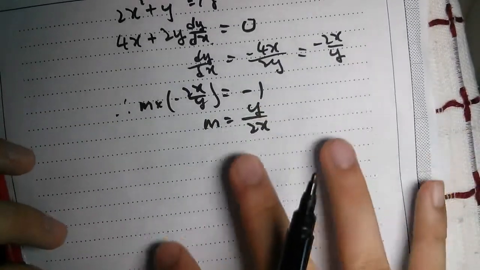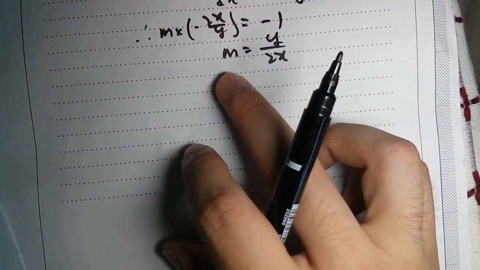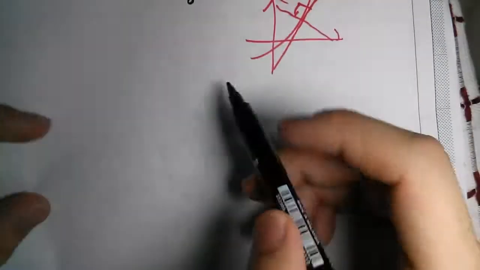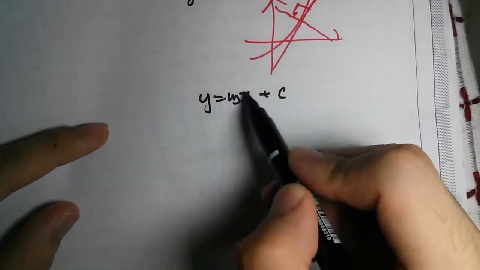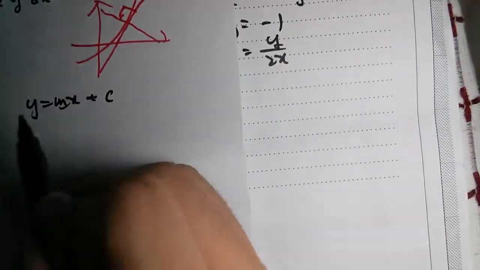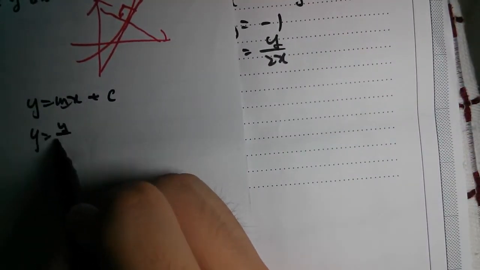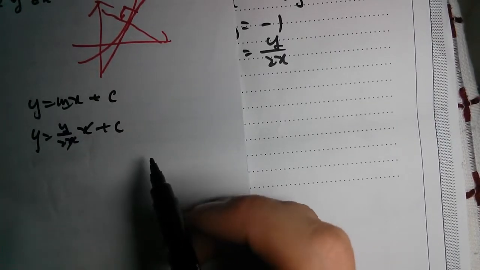Now, after you have the gradient, you're supposed to find the equation of the normal. How can you do it? You're supposed to do something like y equals mx plus c, and then put the m in. Now you see some problem. Can we just put y over 2x in? Well, it would cause some problem, because we would cancel the x.